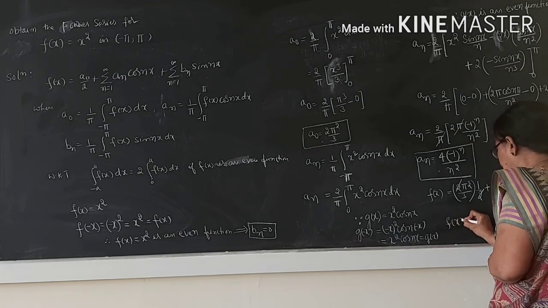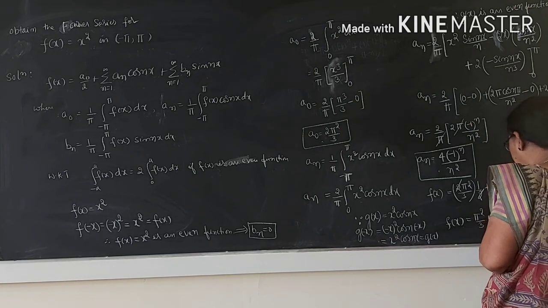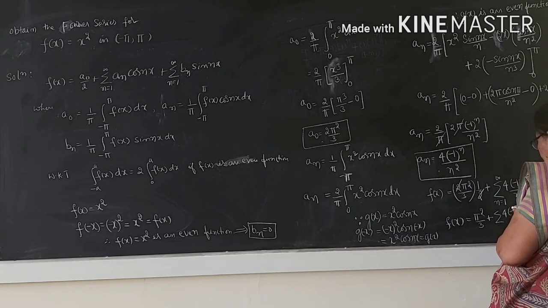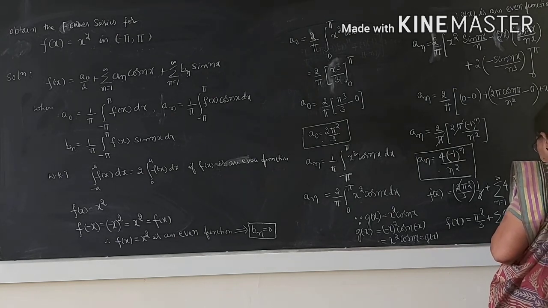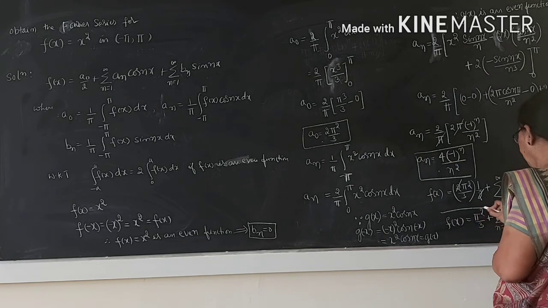Therefore, I write f of x is equal to pi square by 3 plus summation 4 into minus 1 whole to the power of n by n square into cos nx, where the value of n ranges from 1 to infinity.